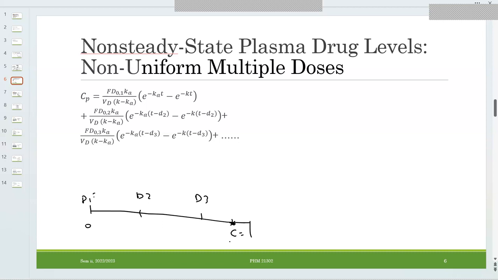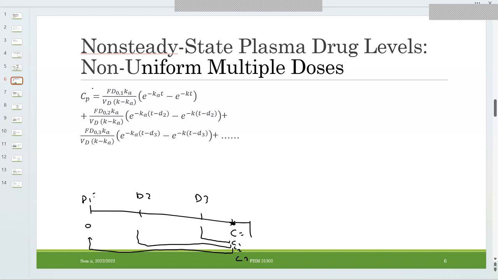So the concentration here will be equal to the sum of the concentration from the first dose, C1, and the concentration from the second dose, C2, and the concentration from the third dose, C3.